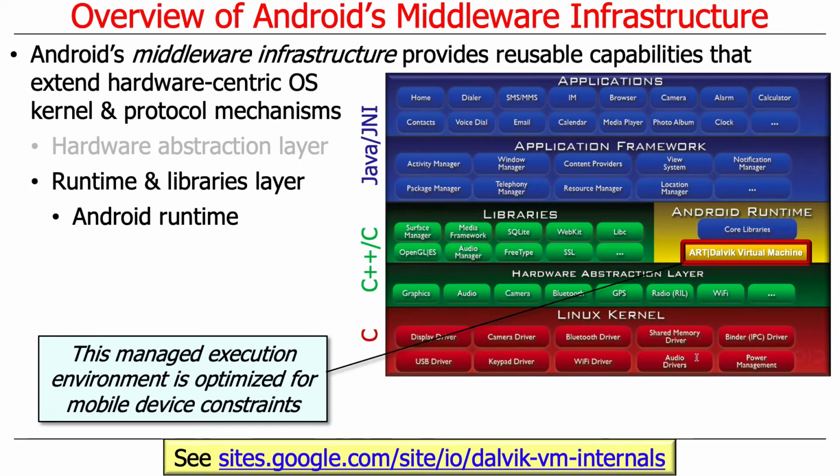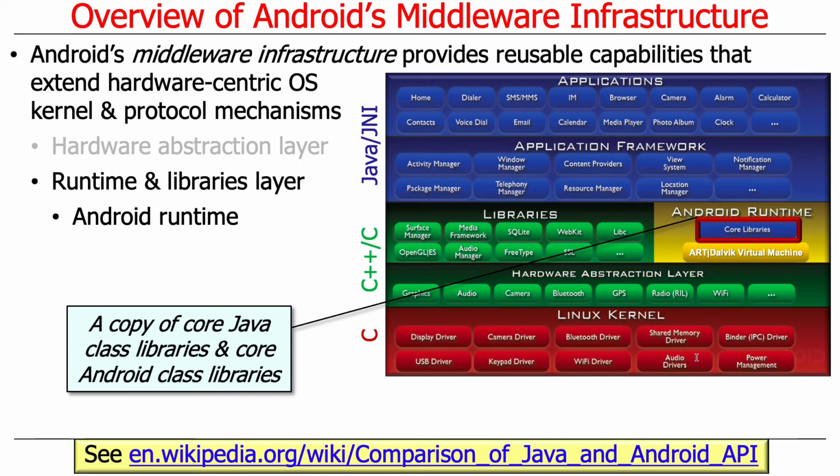And then on top of that, we also have something else: the core libraries. This basically includes a copy of the core Java class libraries, a copy of the interface code, basically the APIs.